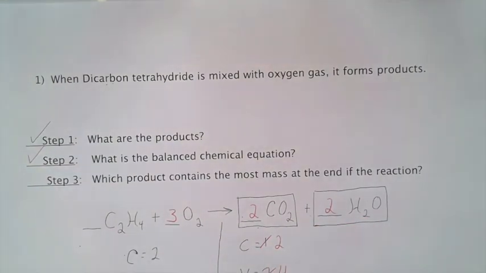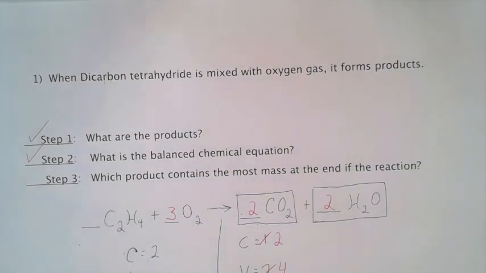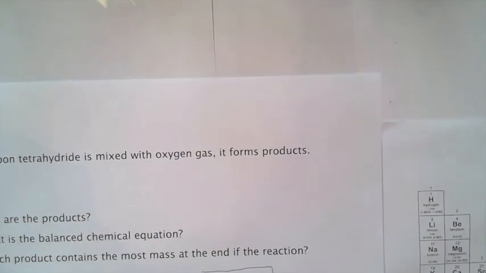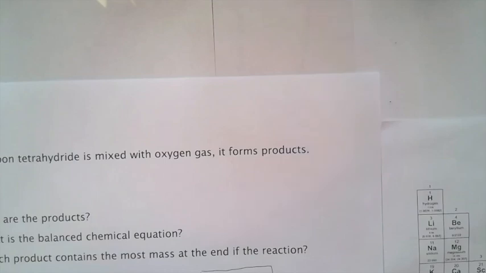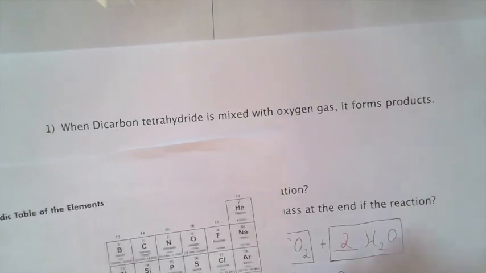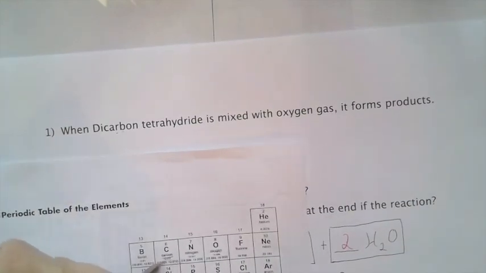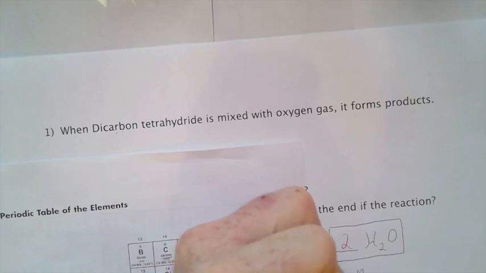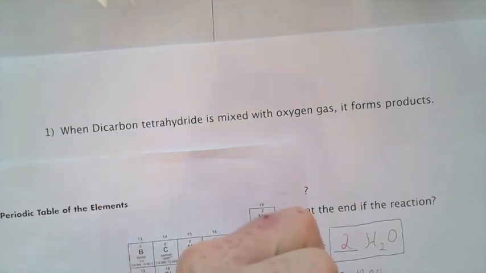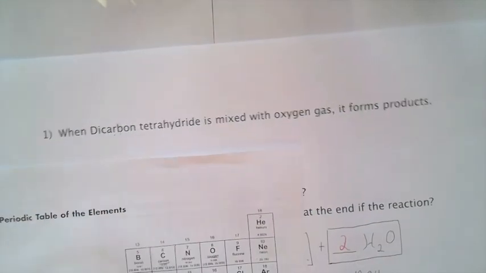To do this, you're going to need your periodic table. And I happen to have mine right here. Let's list the molar masses of each of these. So for carbon, you bring in your periodic table here. For carbon, that is 12.011. For oxygen, we've got 15.99.